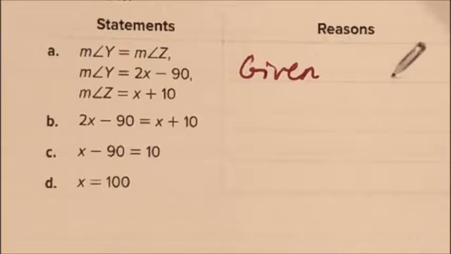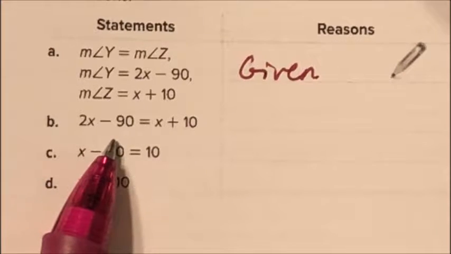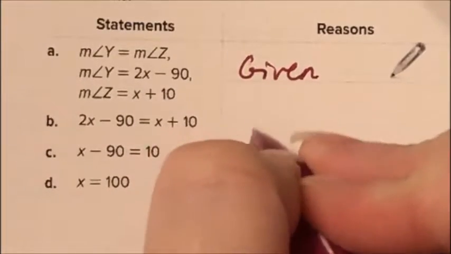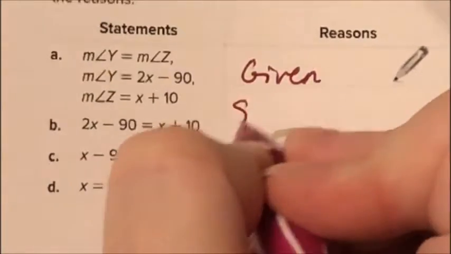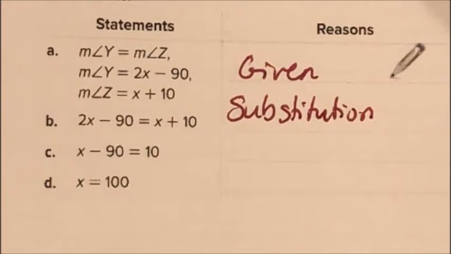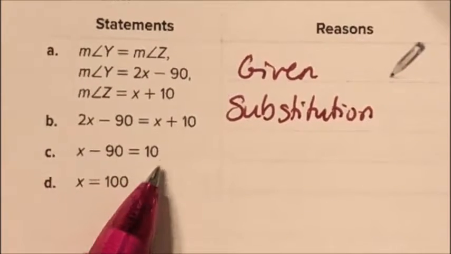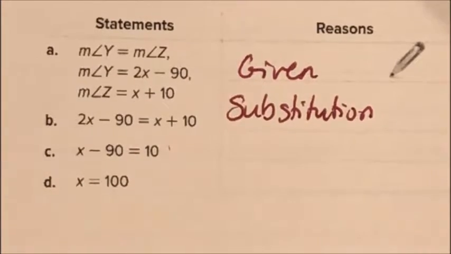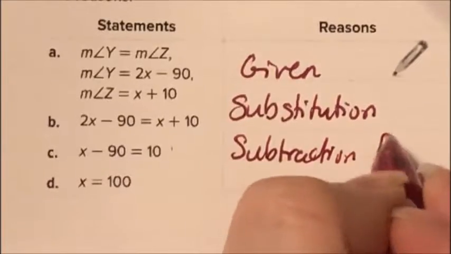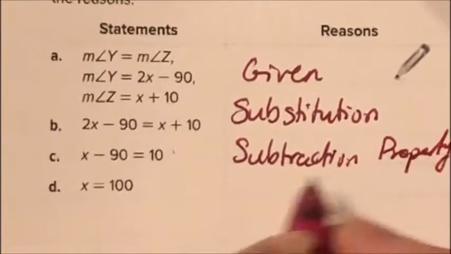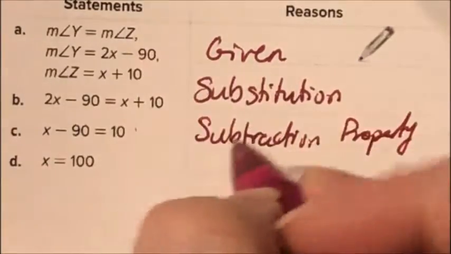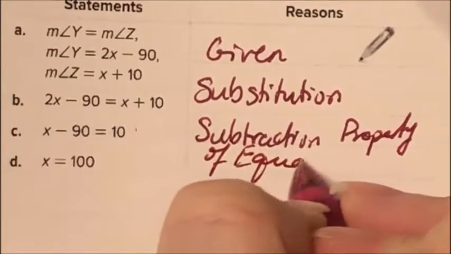Since that's given to us, I can set 2x minus 90 equal to x plus 10, and that's by substitution. So by substitution, x minus 90 equals 10, so I subtracted x from both sides. That's the subtraction property of equality.